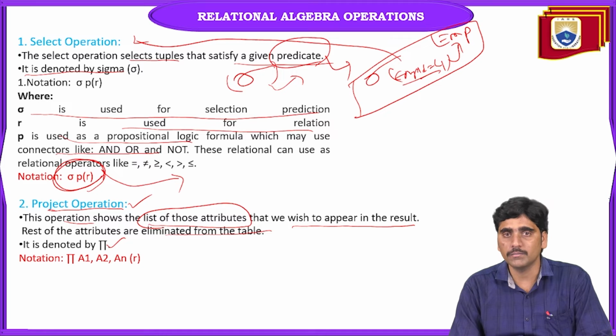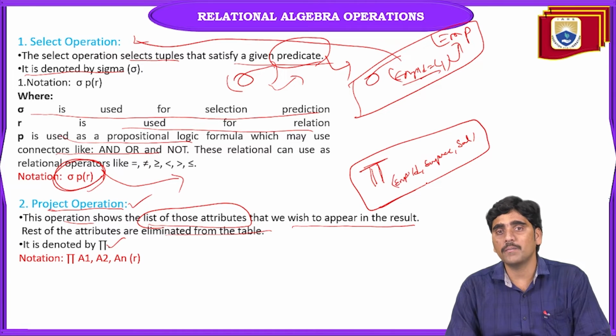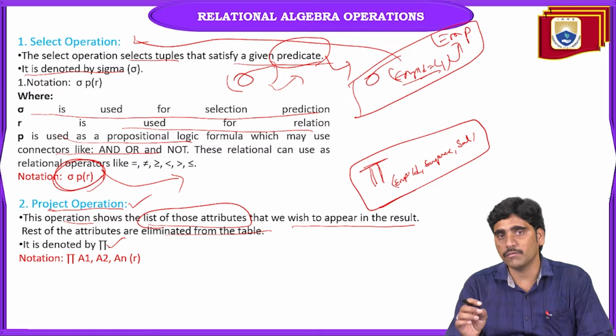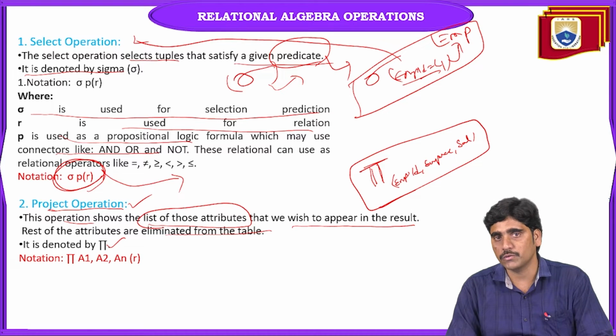So the projection symbol is this one, and I want to display the column names like employee ID, employee name, salary, like that you can mention. So this is the projection operator you can use for projecting the values from the table.